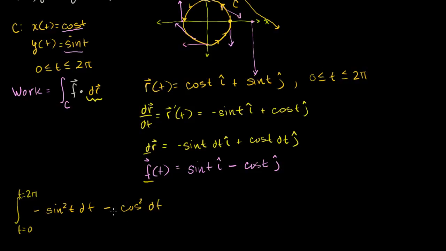And if we factor out a minus sign and a dt, what is this going to be equal to? This is going to be equal to the integral from 0 to 2 pi of, we could say, sine squared of t plus cosine squared of t.